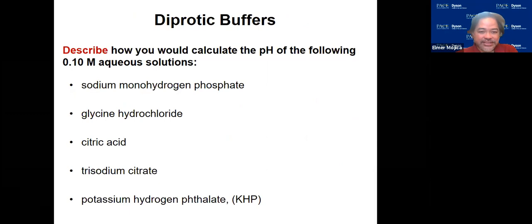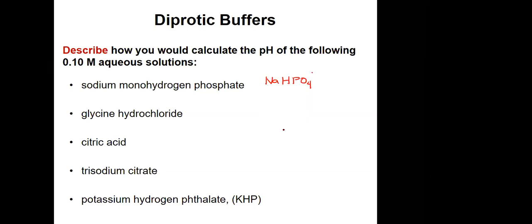And you might be asked here to describe how you would calculate the pH of the following aqueous solution. So sodium monohydrogen phosphate. So what does this mean? What's the charge? 1 minus.